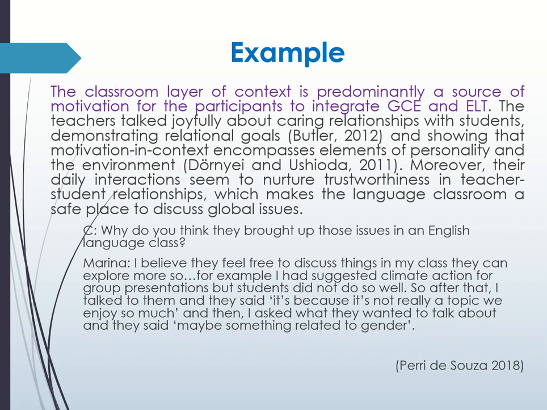Then he explains this and refers to the literature to support his argument. And you can also see that the researcher also provides an extract from the interview as evidence. This is a good example of how you could integrate both literature and interview data to support your ideas.